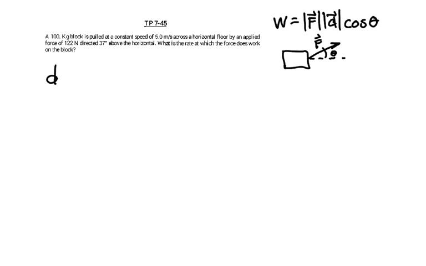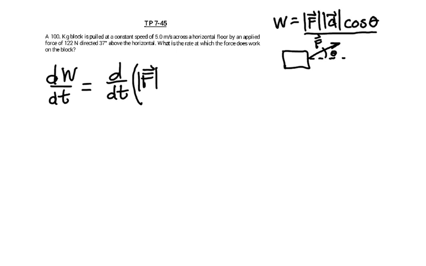So we have the first time derivative of our work function, and what do we have? We have our function right here. Now as we put that into our differential form here, we have to take the derivative of this function.